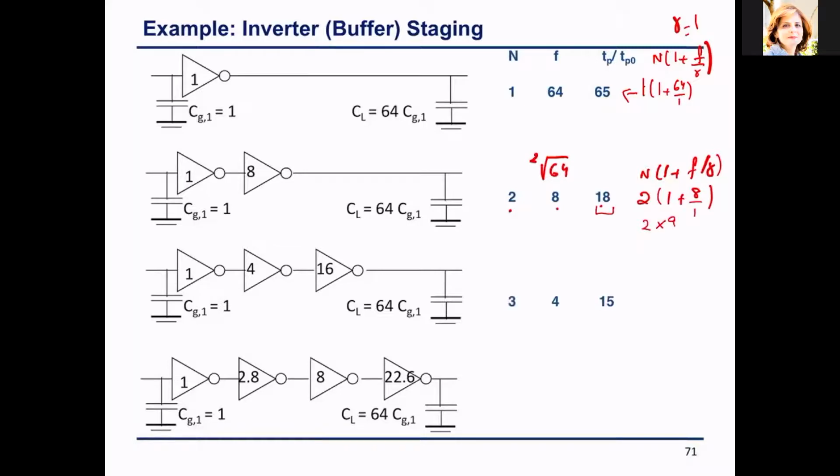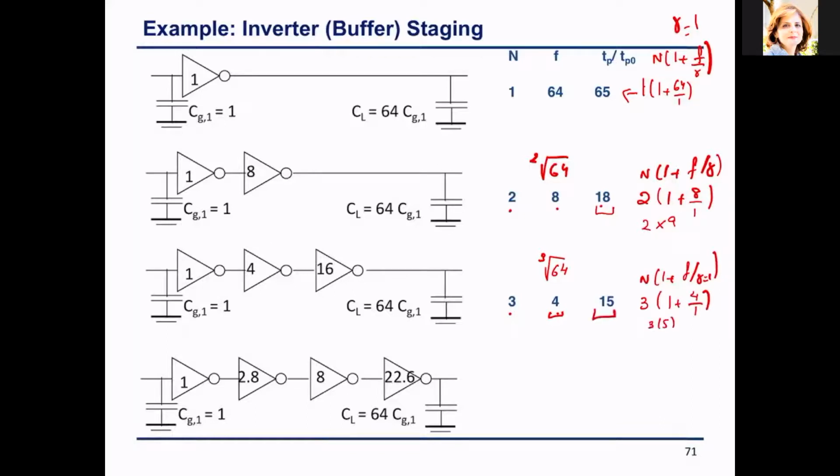Okay, for this one I had 3 stages. Little f was the cubic root of 64, which is 4, and the delay is n into 1 plus f over gamma, which is 3 into 1 plus 4 over 1, which is 15.